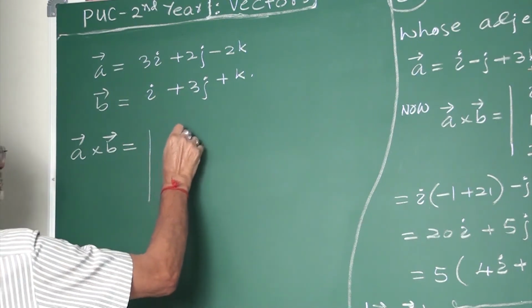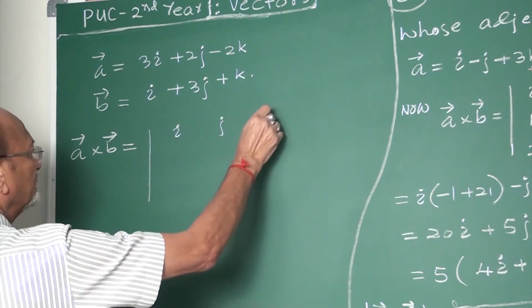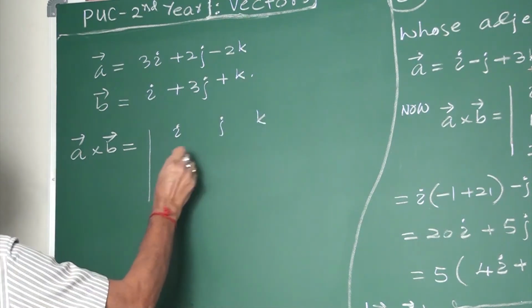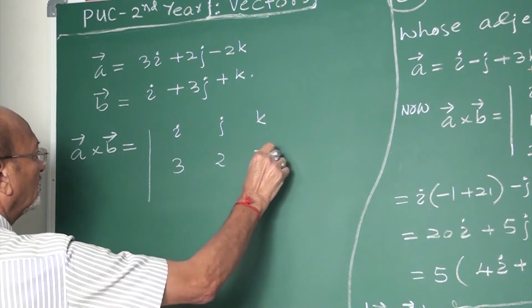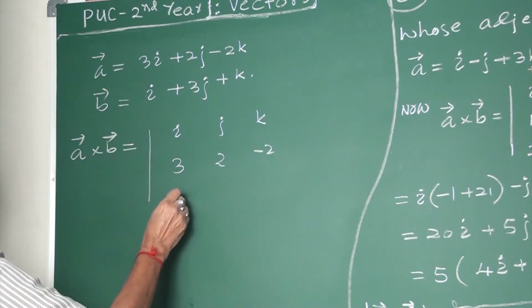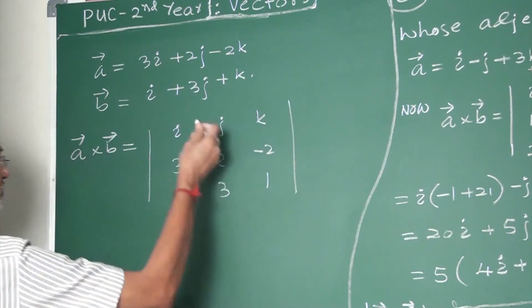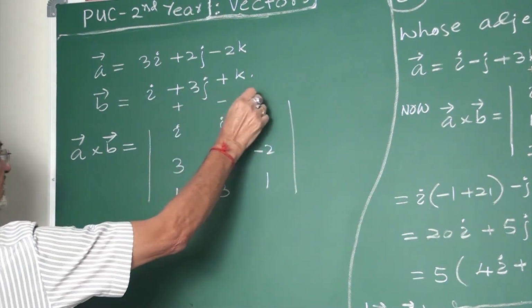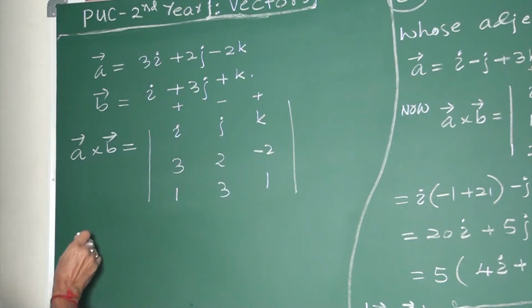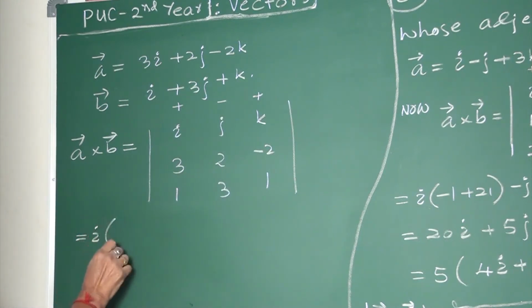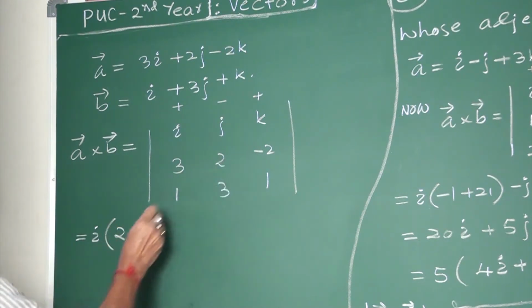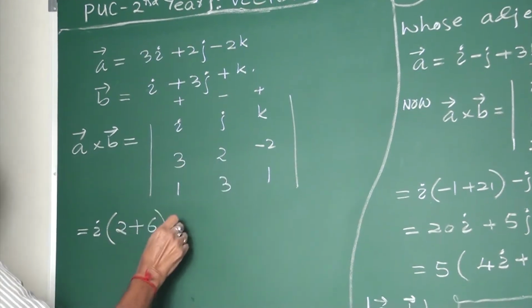Then A cross B is a determinant. My friends, first row i j k. Second row, components of the first vector. Third row, components of the second vector. You know the evaluation: plus minus plus. My friends, this is i into first row, first column: 2 minus of minus is plus 6.